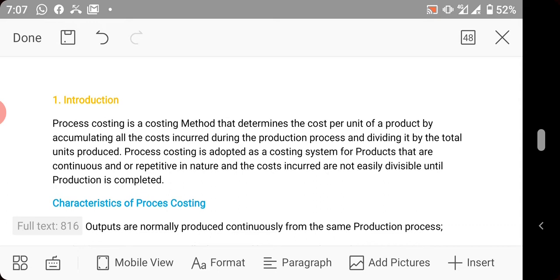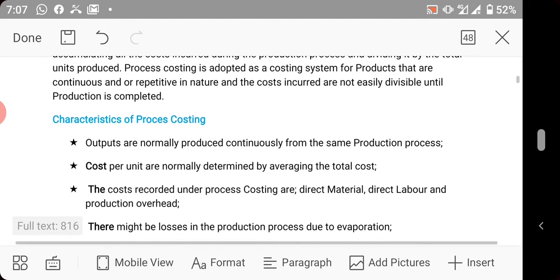So this is what we're going to be looking at here. Process costing is a type of continuous order costing that is used to determine cost per unit by accumulating the total cost of production and dividing it by the total units produced. That will give us cost per unit. So that is process costing.